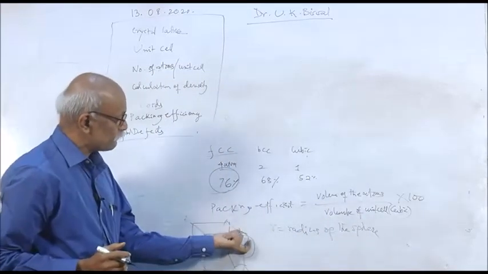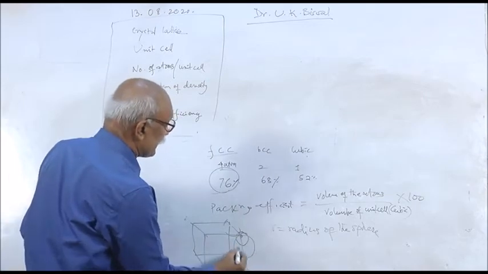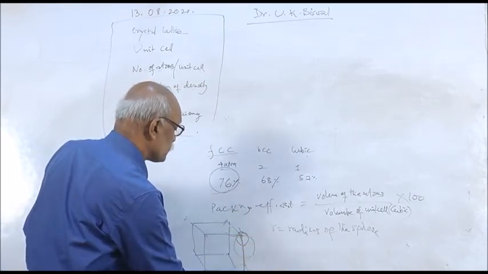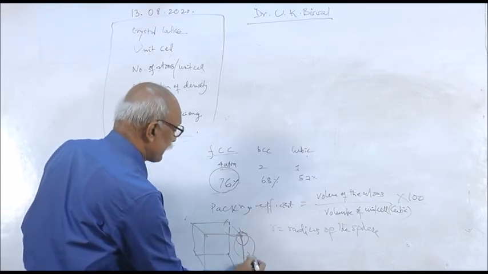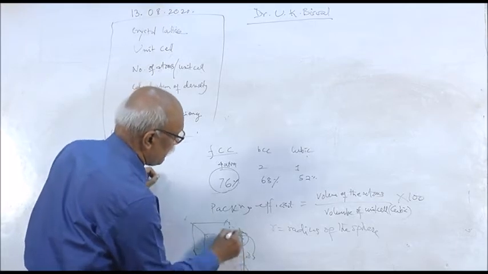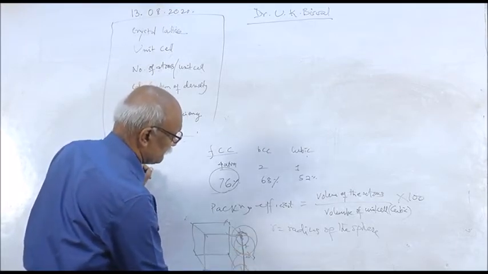One sphere is at this corner, another sphere at this corner, and they are adjacent to each other. So if you join the centers of these two, that will be 2r. This is sphere of radius r, this is sphere of radius r.